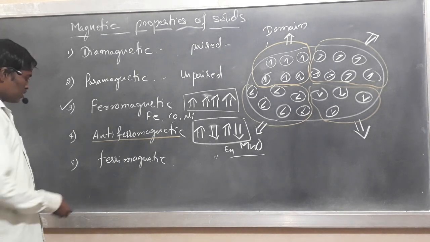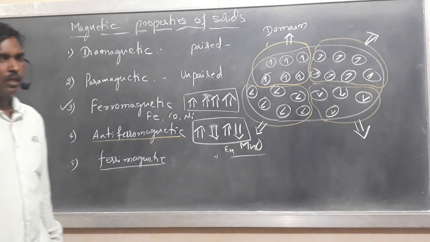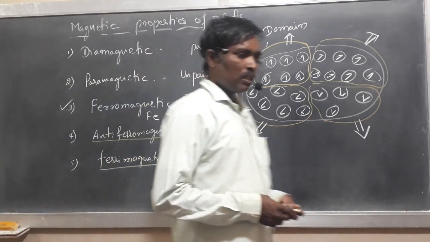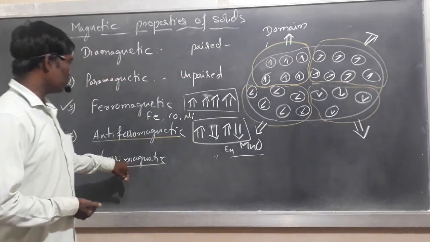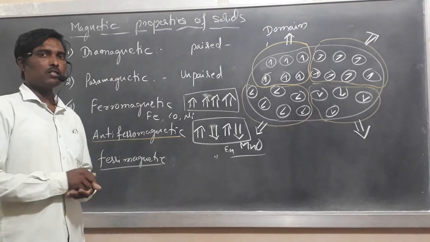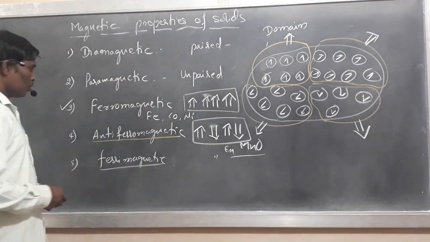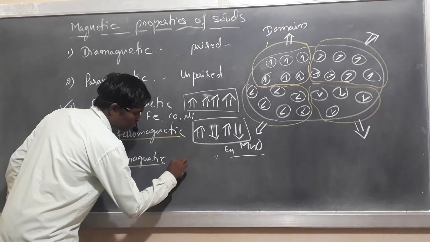Another type is the ferrimagnetic substance. In a ferrimagnetic substance, it shows a suppressed magnetic moment. Suppressed magnetic moment means its magnetic moment is less than a paramagnetic substance. It is because more domains are oriented in one direction and few are in the opposite direction.